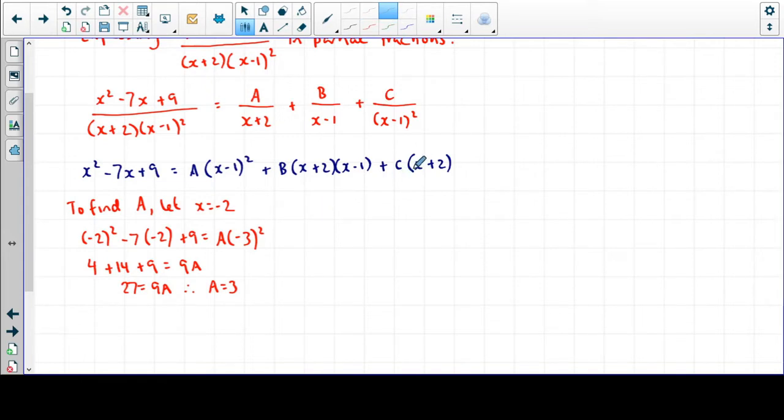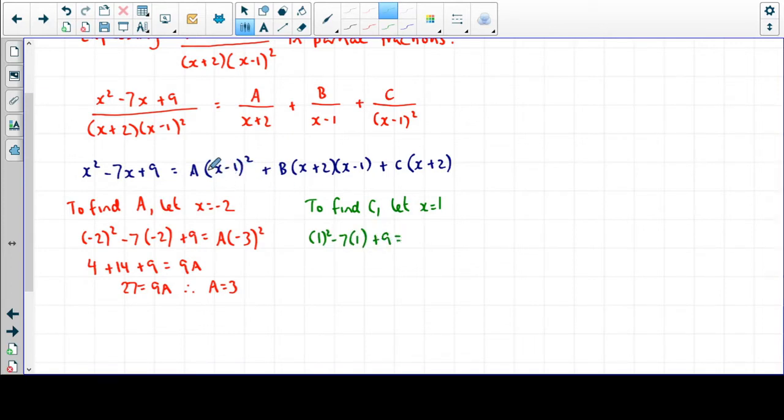Now I'm going to find C, and the reason I'm going to find C is because there isn't a value I can pick for x yet that will wipe out A and C to let me find B. So to find C, I'm going to let x be equal to 1, because that will wipe out this bracket here and this one here. Everything else will disappear. So I'll be left with 1² − 7 times 1 + 9.